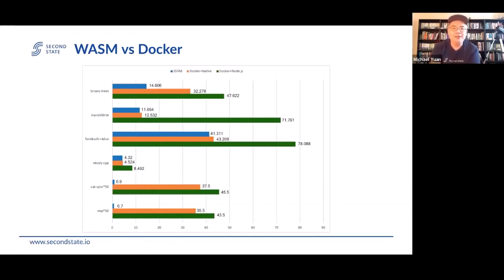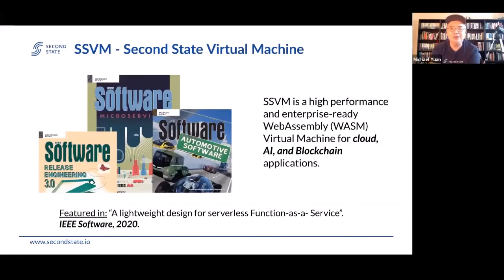But you can see from those benchmarks, the WebAssembly bytecode with AOT compilation is actually better than native compiled code. That's a very surprising result. Because of this result, we wrote an article that is peer reviewed and already accepted for publication in IEEE Software. It's going to come out this year.